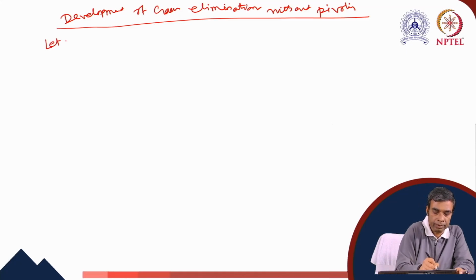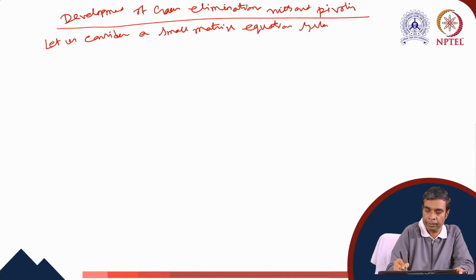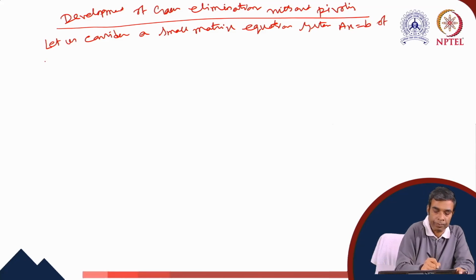Let us consider a small matrix equation system Ax equals to b of 2 by 2 size.